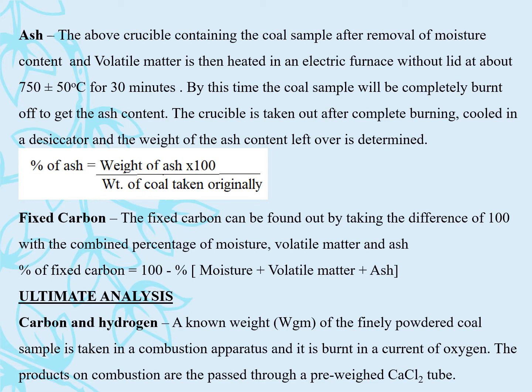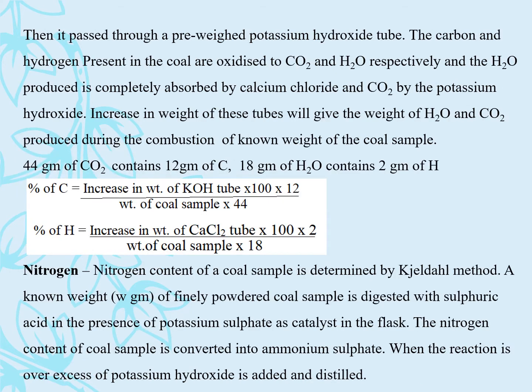The products of combustion are passed through a pre-weighed calcium chloride tube, and then through a pre-weighed potassium hydroxide tube.